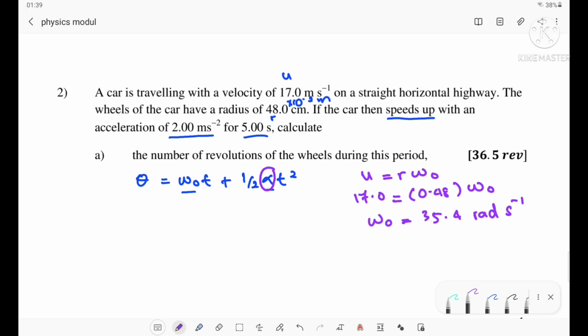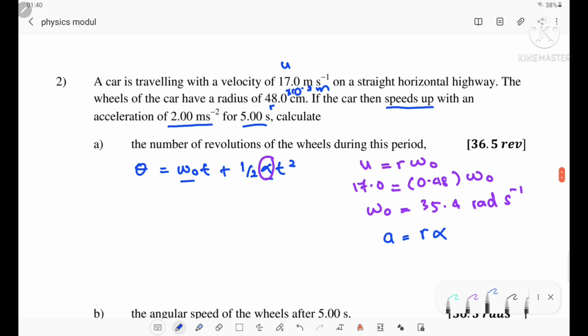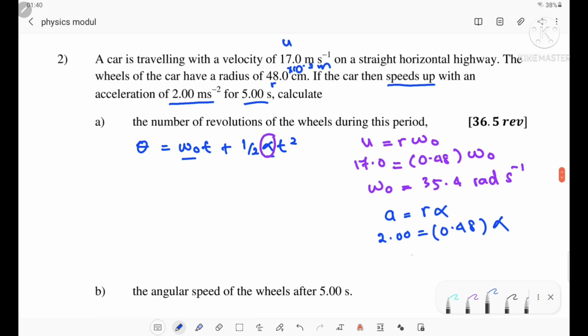We have the relation between a, acceleration, and the angular acceleration: a is equal to r alpha. So we have acceleration 2 meter per second square, equal to r, we have 0.48, times alpha. Using the calculator, we got alpha is equal to 4.17 radian per second square.